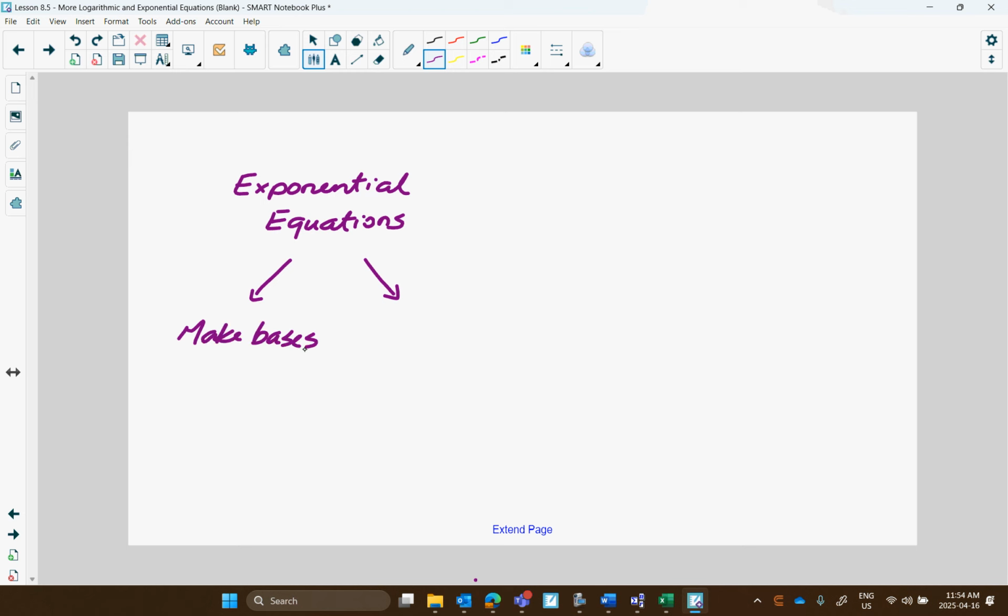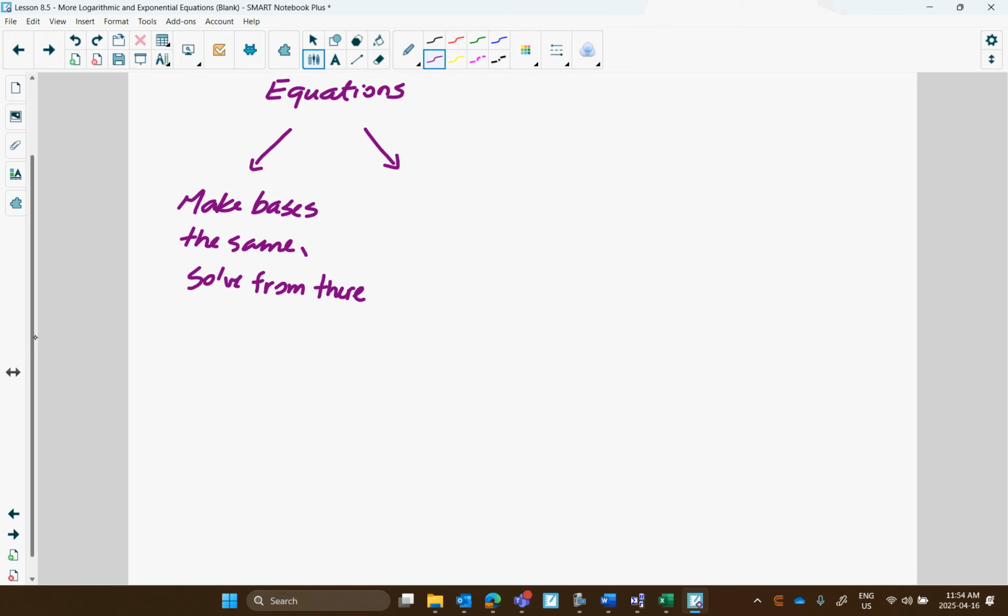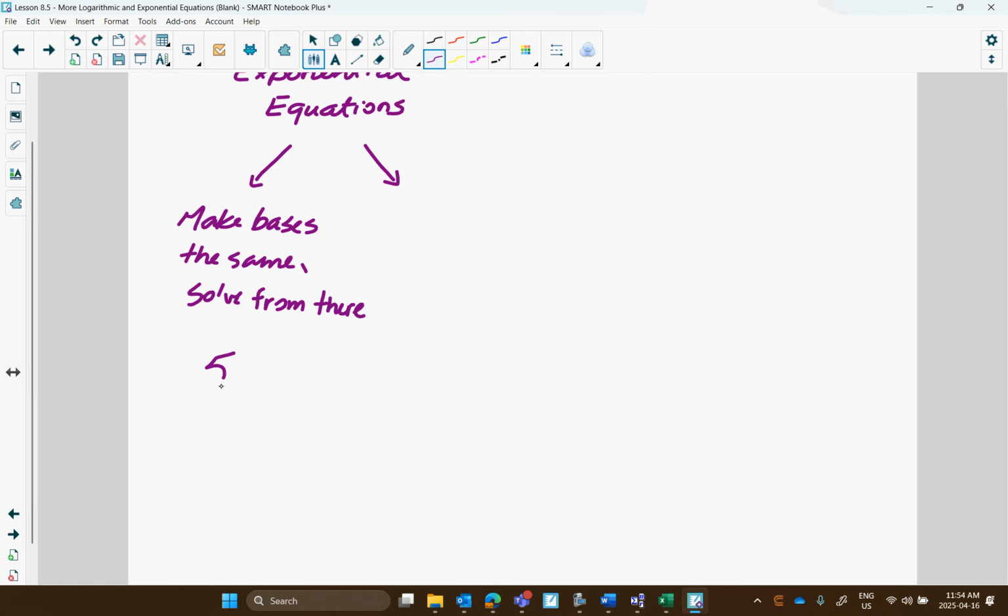The very first ones we learned: make the base the same, and we solve from that. An example of this would be something like 5 to the x equals 125 to the 3x plus 7. That would be an example.